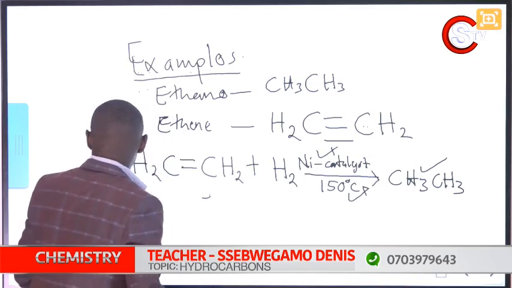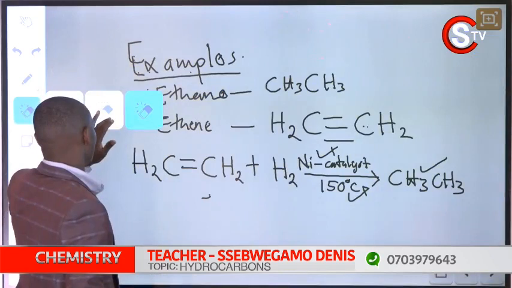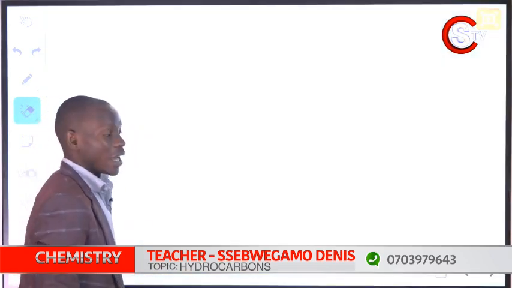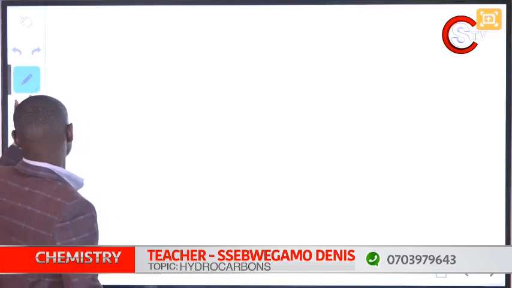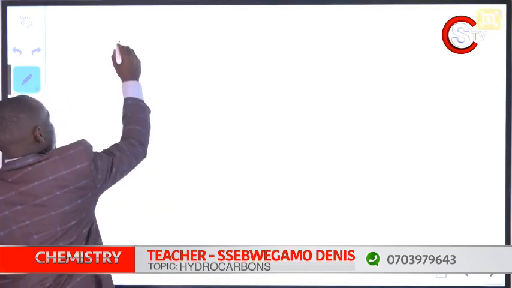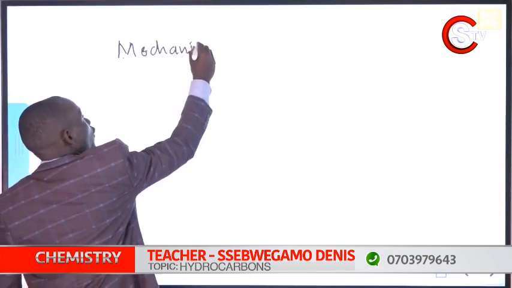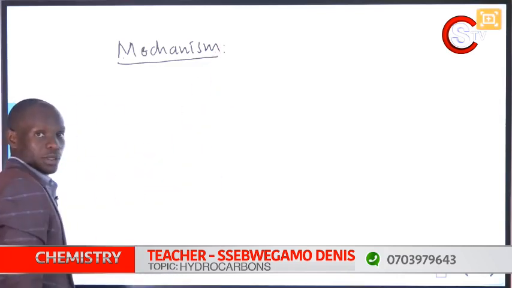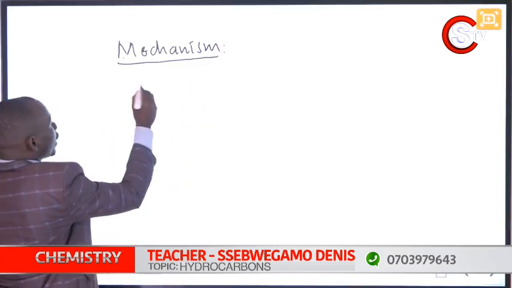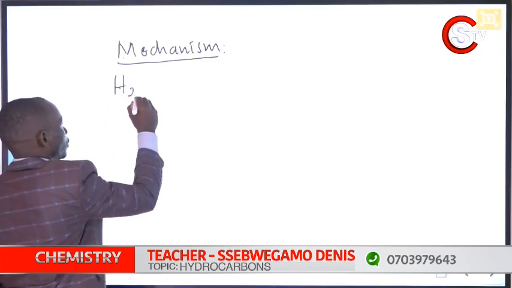Now, there is also another concept, and that concept, we call it mechanism. The steps involved during a chemical reaction. Remember, I was preparing ethane from ethene by hydrogenation.